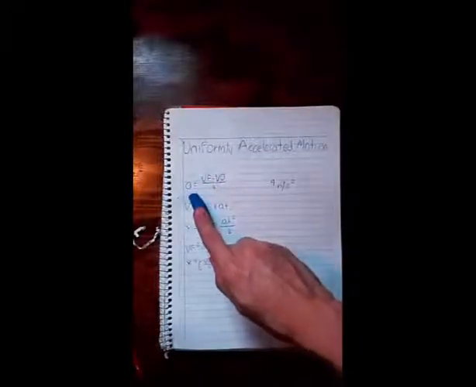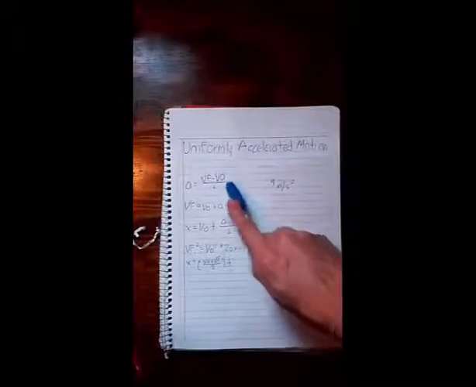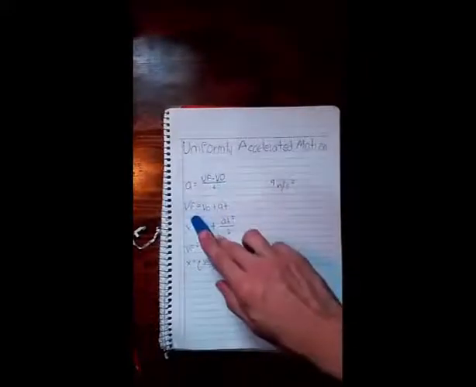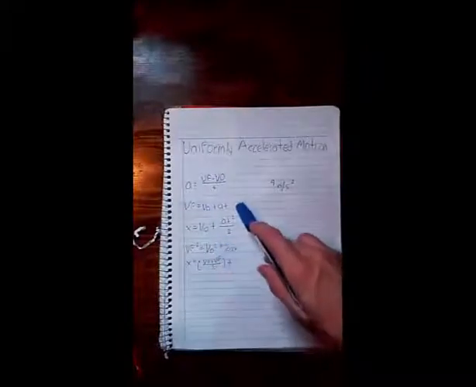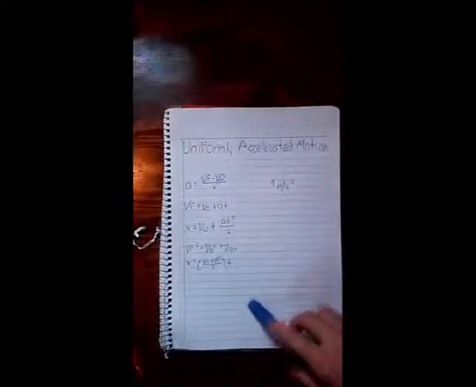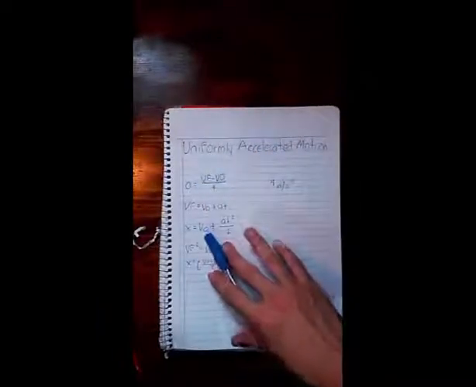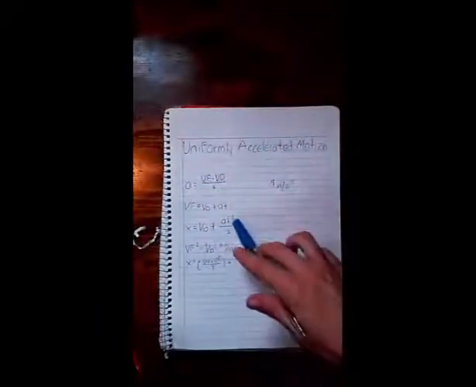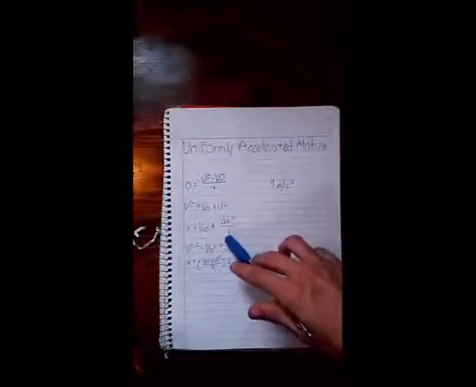Acceleration is equal to final velocity minus initial velocity over time. Final velocity is equal to initial velocity plus acceleration multiplied by time. Distance is equal to initial velocity times time plus acceleration multiplied by time squared divided by 2.